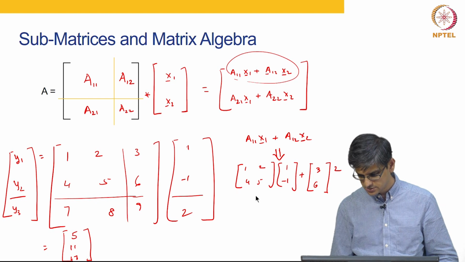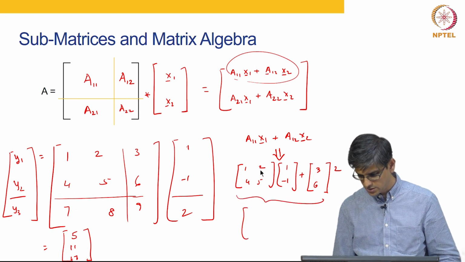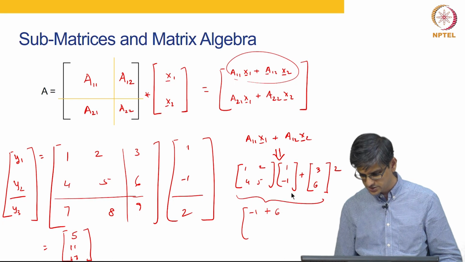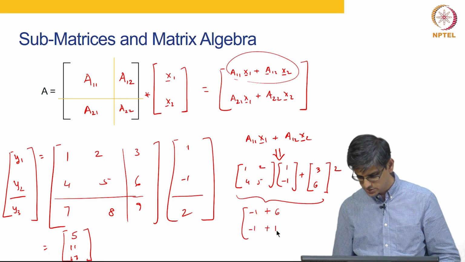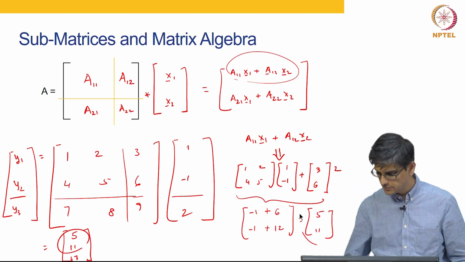If we look at this, we are going to get 1 minus 2 is minus 1 plus 6, 4 minus 5 is minus 1 plus 12, which is equal to 5, 11, which is the same as we had over here.